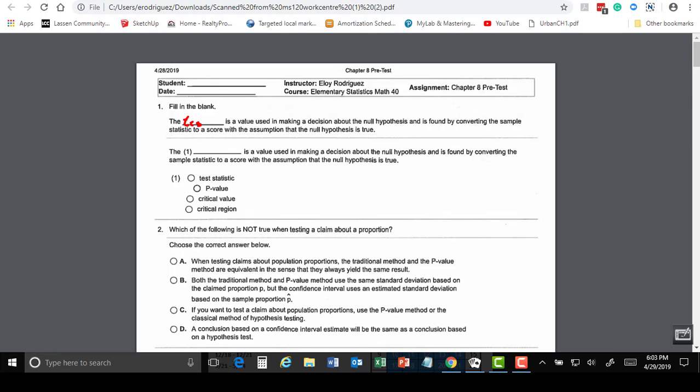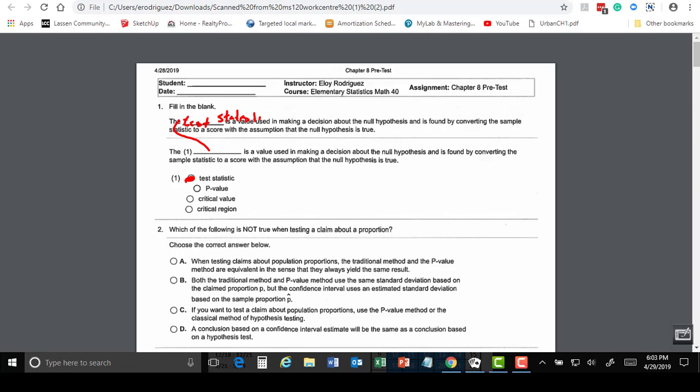It's our test statistic, right? That's what's determining whether we're accepting or rejecting. I'm not sure how they have it like that, but that's the same thing. Test statistic goes there.